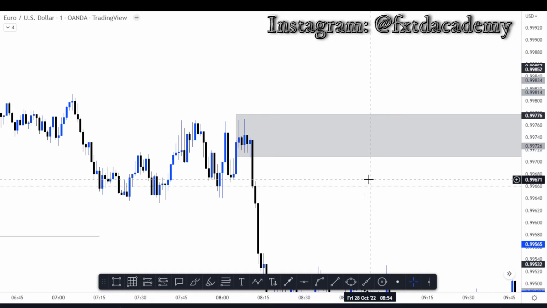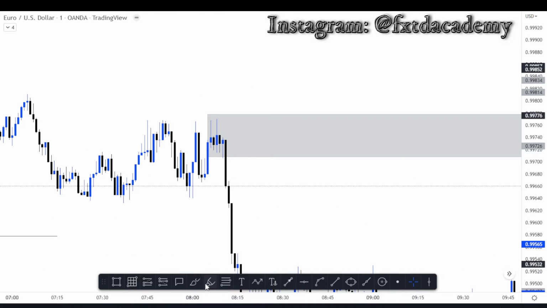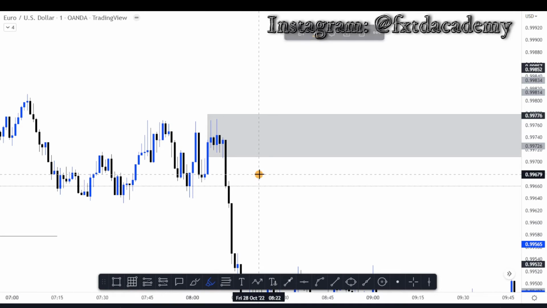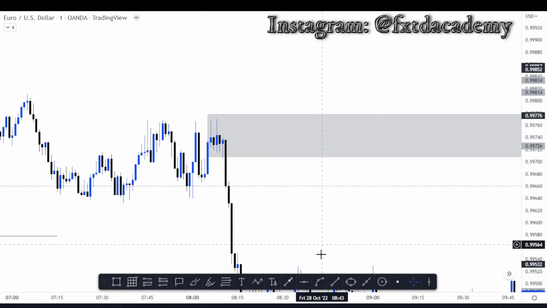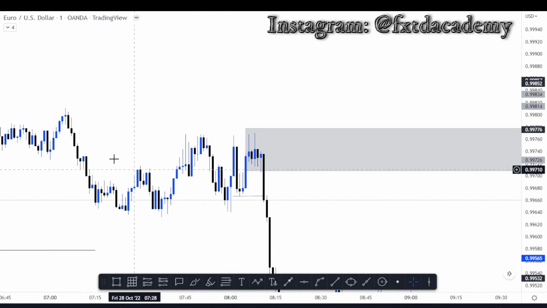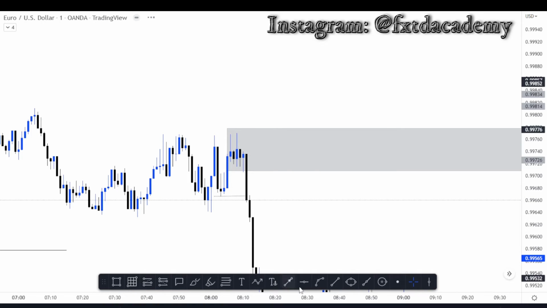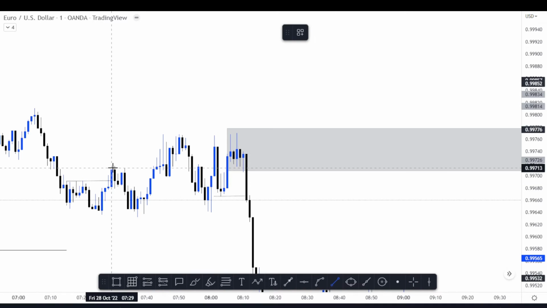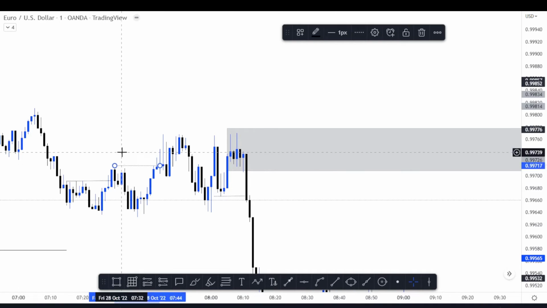Now, if you look at this little range I will have here, which we are really interested in, price had created a change of character. That is a change of character, because if you look at this, you will see that price created this high, created another high, right?